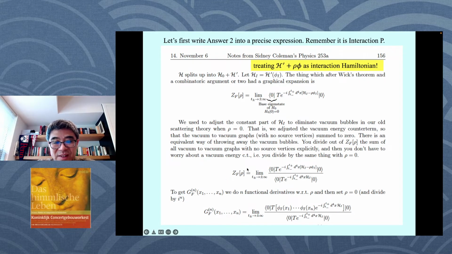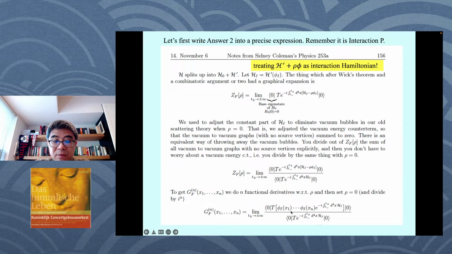With this in mind, I can expand this Z, the generating function, and get all the Green functions. But here we need to be careful. This Green function is the Feynman diagram. By getting the expansion, the Green function will give you this. By taking the nth derivative with respect to rho, every derivative will take down a phi I. So if this is the nth order Green function, then we have n phi I in front of the exponential function.